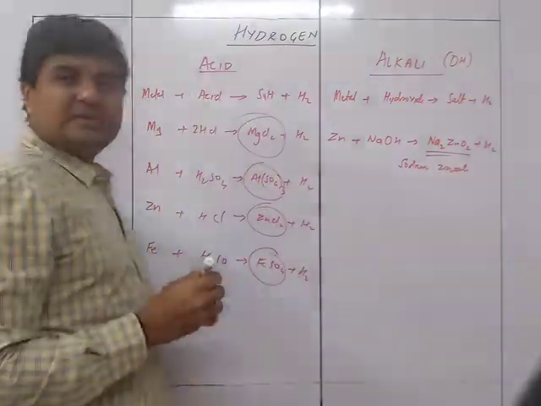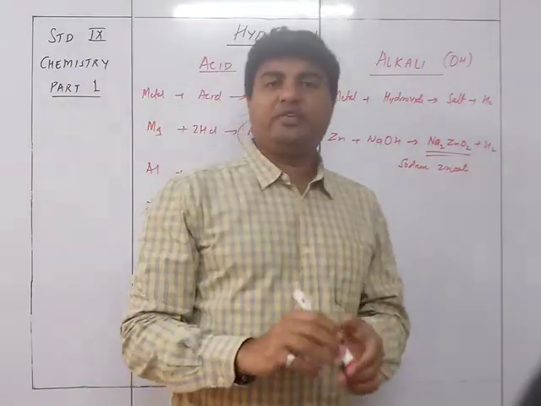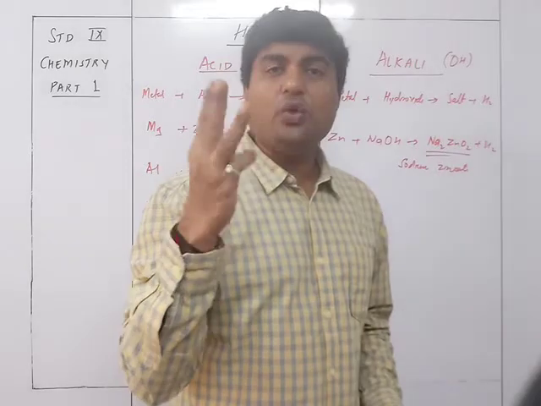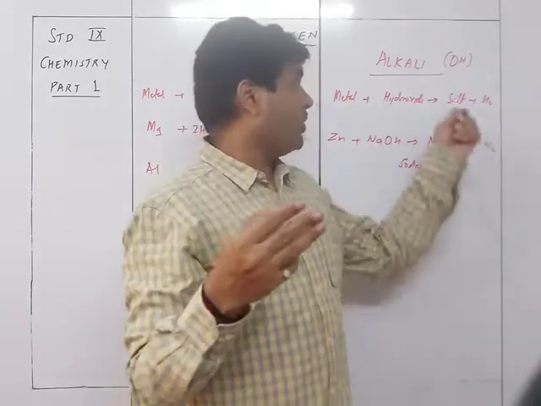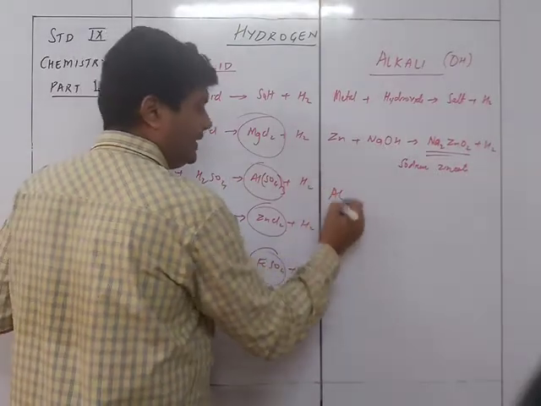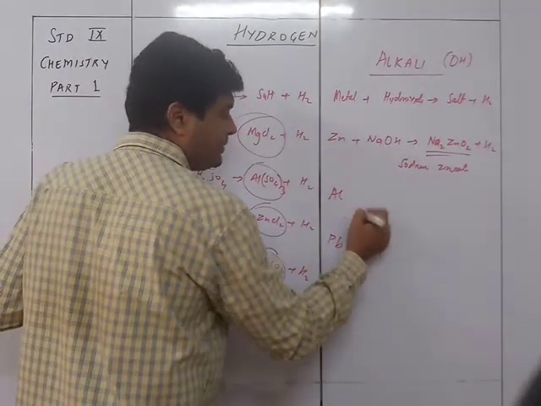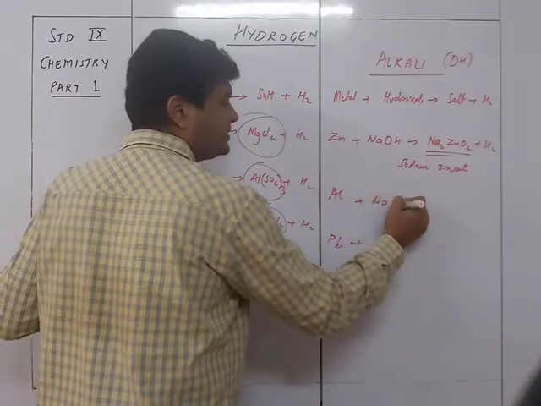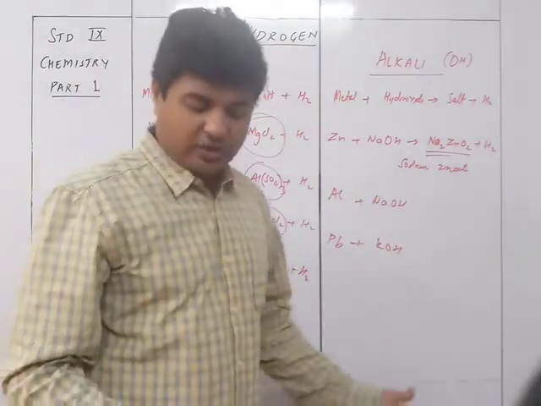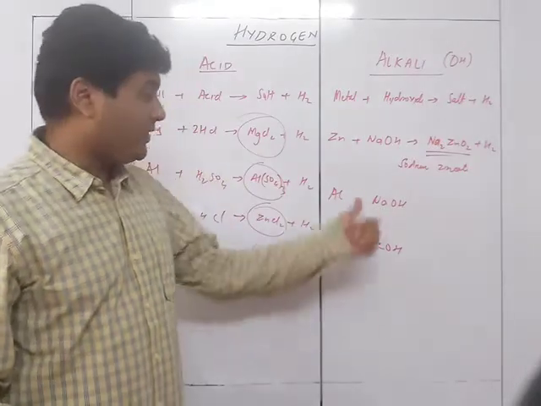So we have zincate, plumbite and aluminate. These are the only 3 things which can form such kinds of salts. That's why we have only zinc, aluminium and lead which can be used in this particular process. You can use NaOH, you can use KOH also, it's not a problem at all. You can have any of these.